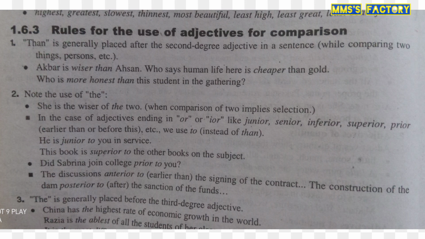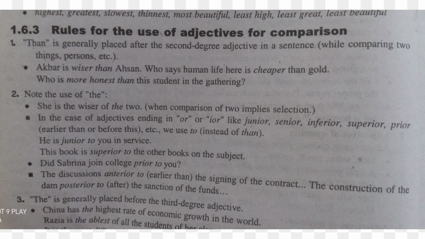In the case of adjectives ending in "or" or "ior", like junior, senior, inferior, superior, prior, anterior (earlier than or before this), posterior (after this), etc., we use "to" instead of "than". He is junior to you in service.